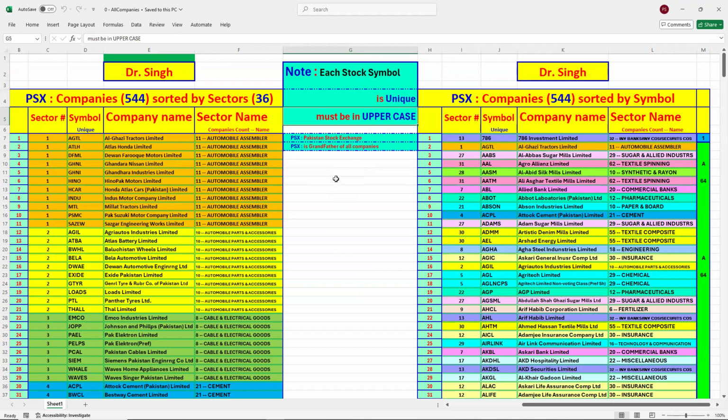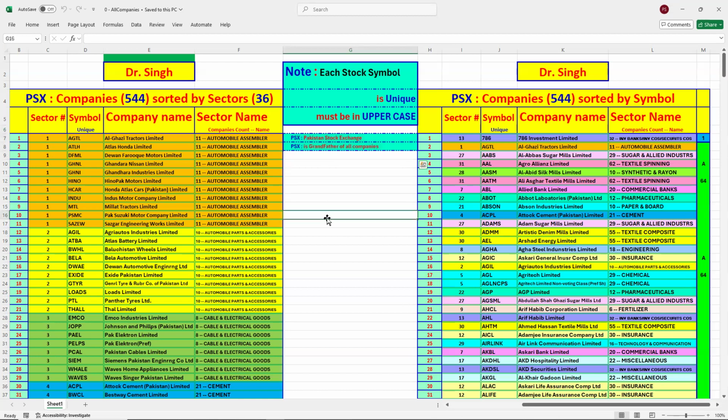Each stock symbol must be in uppercase or capital letters. If any one of them is in lowercase, the system, which is the PSX, will not recognize it. If you look here on the left side, all the symbols are written in capital letters.